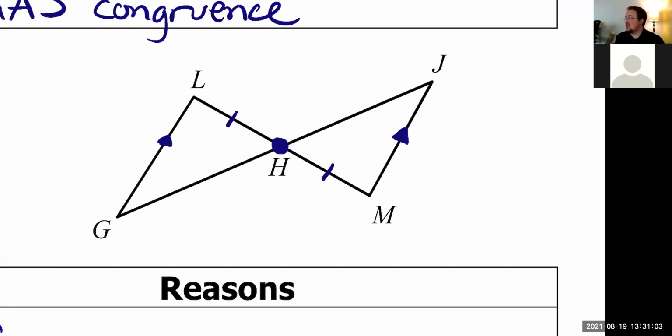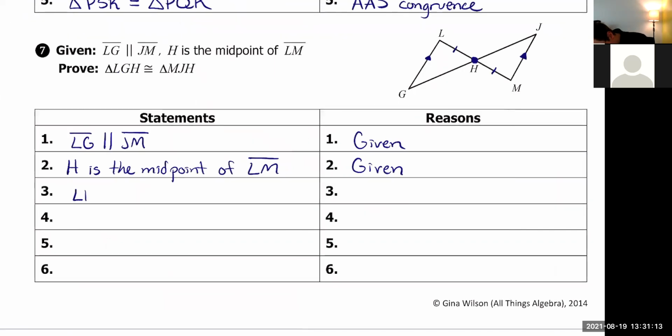A bisector cuts an angle in half. So we can say LH is congruent to MH. That is thanks to the definition of midpoint.